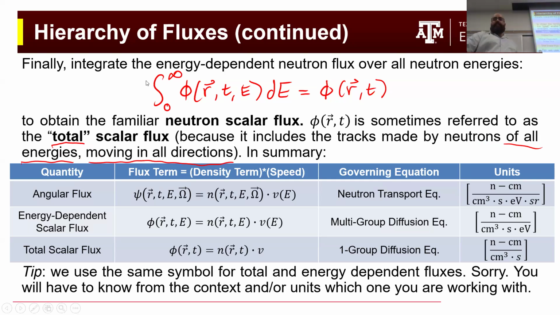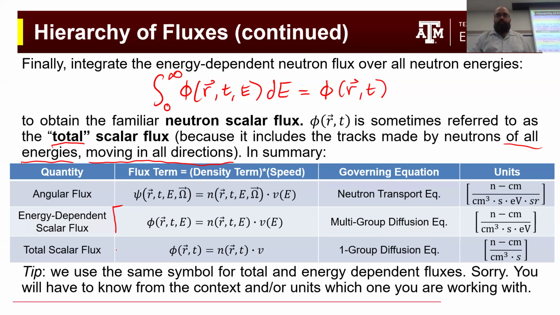This is kind of like a table that explains that hierarchy of fluxes and the governing equations that come from it. In each of these cases, you can talk about that flux as being a product of a density and a speed. It's just that the density is more complicated depending on which type of quantity we are talking about.